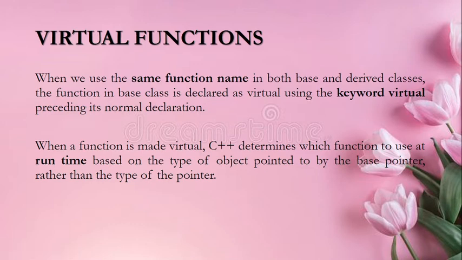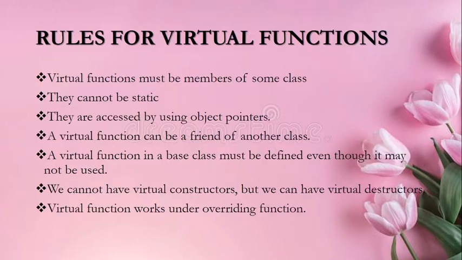So before getting into the program, let's see the properties. The rules for virtual functions, a few properties to keep in mind. First one, virtual functions must be members of some class and they cannot be static. They are accessed by using object pointers. So virtual functions can be accessed only using object pointers. A virtual function can be a friend of another class.